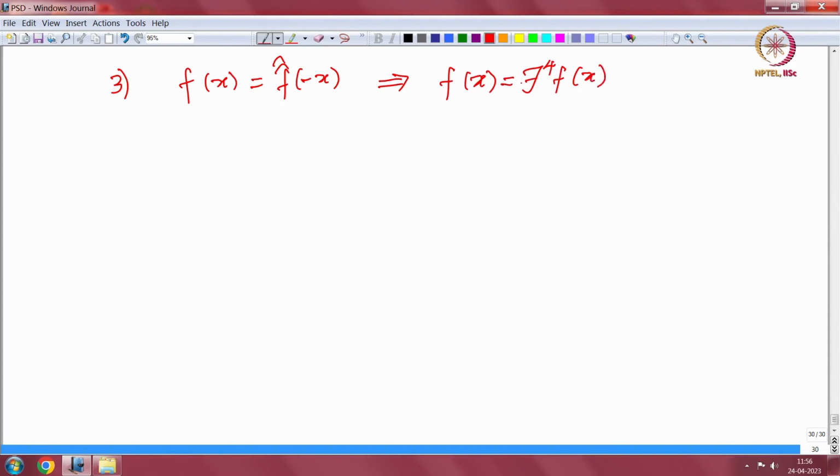Under suitable conditions on f, this operator Fourier transform satisfies F to the 4 is identity. I will come back to this when we extend this operation to L2, and then we will compute the eigenvalues and eigenfunctions. So, hope time permits for that.